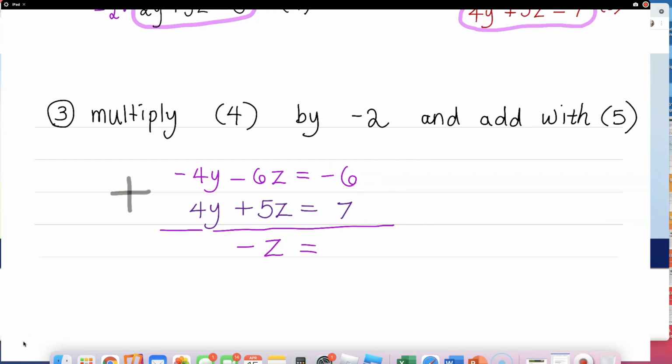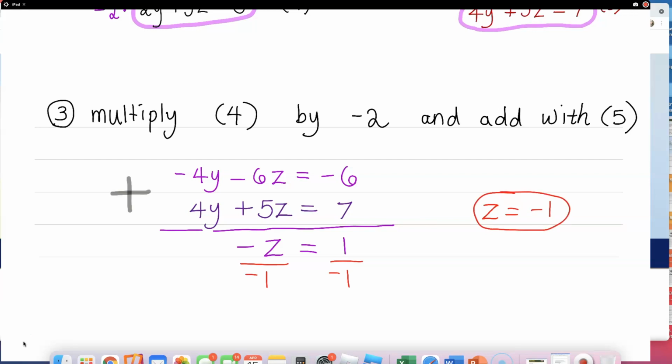So what does that tell me? If I divide both sides by -1, I'll go ahead and write that down, why not? If I divide both sides by -1, we just found what z is. z is -1, and I'm gonna circle it, yay. So we found one answer so far.